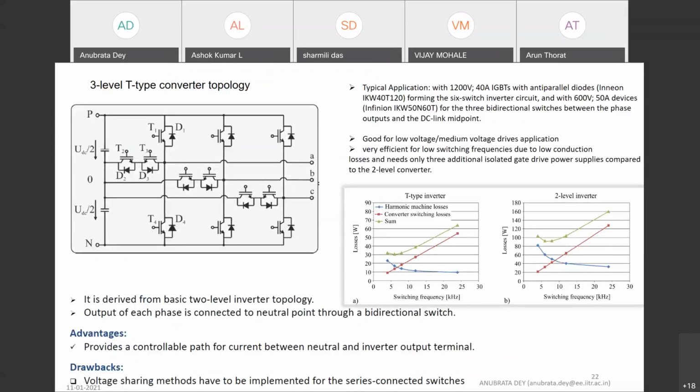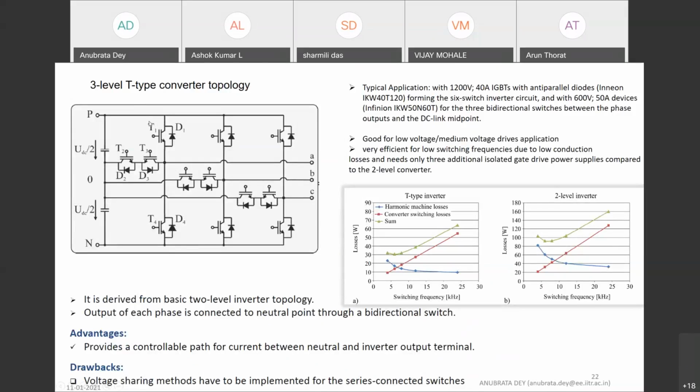These are a little different, in the sense that here again you are using a total of 4 switches per phase. But the rating of the switches T1 and T2 are two different ratings.